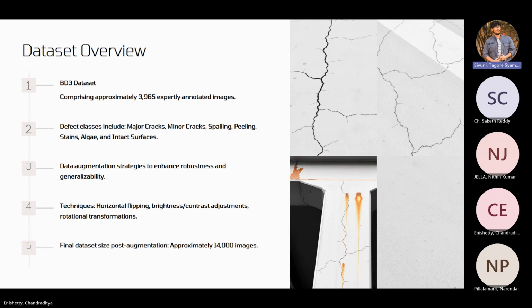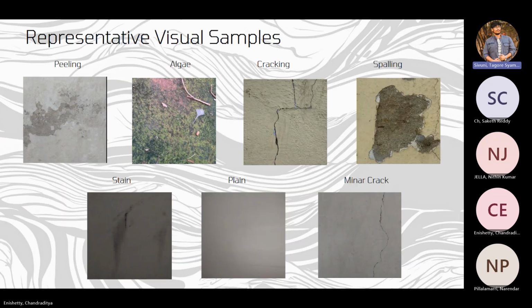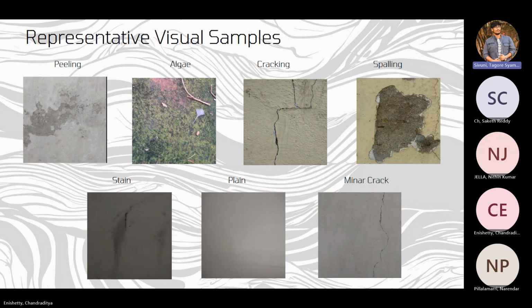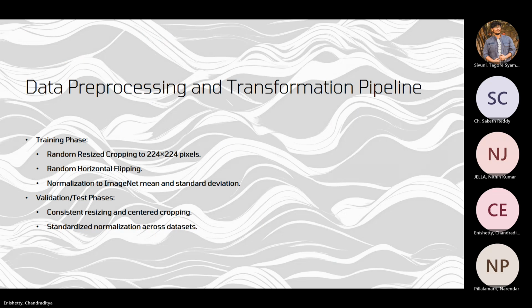To improve model robustness, we applied data augmentation techniques such as horizontal flipping, brightness and contrast adjustments, and rotational transformations, expanding the dataset to about 14,000 images. These are a few samples we used in our project.